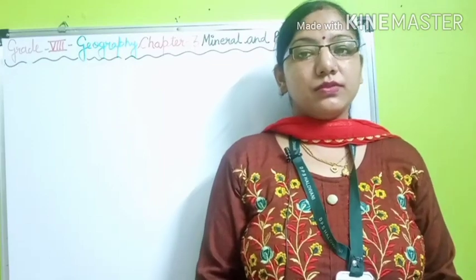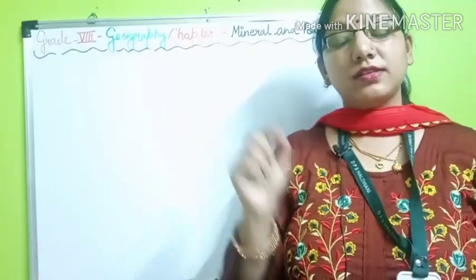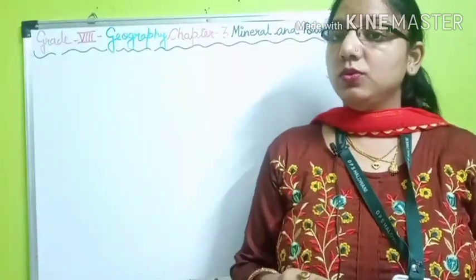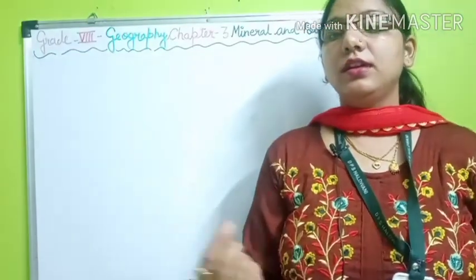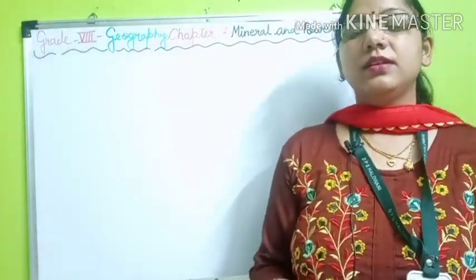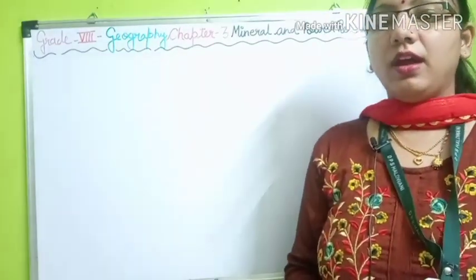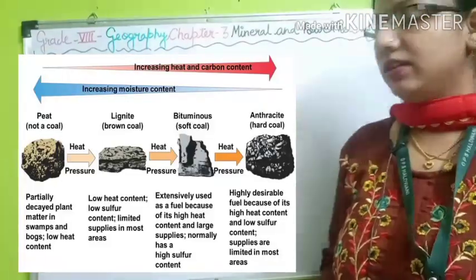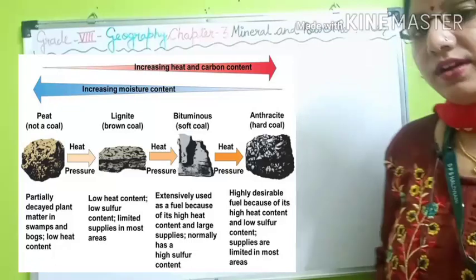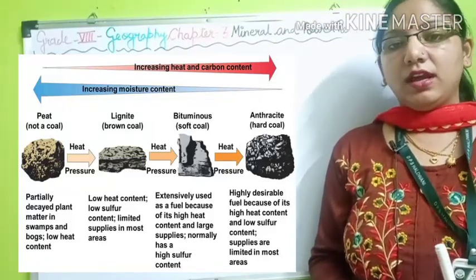So students, a few examples are there for that. For example, if we are discussing the differences in the same mineral due to different environment and conditions, the best example is coal. Coal is also a non-metallic mineral and it has different categories. As you can see in this picture, coal has different varieties like peat, lignite, bitumen and anthracite.